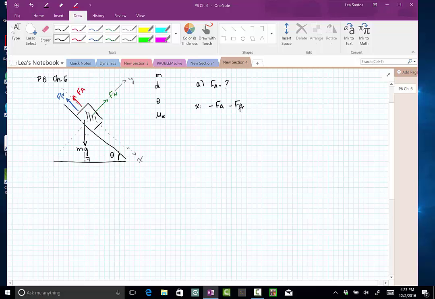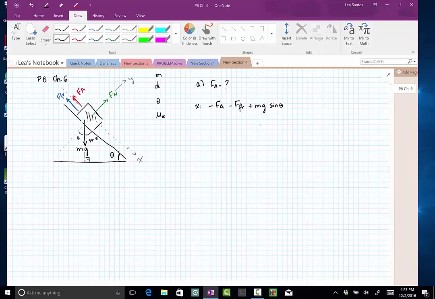And so we know that this angle here is 90 minus theta. As a result, this angle here is theta, since x and y are perpendicular. With that, we can add the component of the weight to this equation, which will be positive mg sine of theta. This is the component of the force that really brings the piano down.